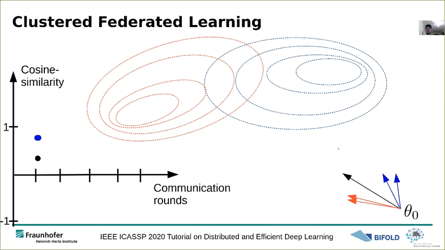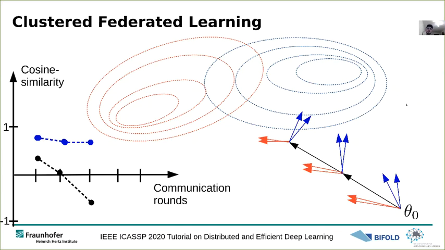Starting from this next point in the parameter space, the next updates are computed, and the next average is made. While this is going on, here on the left, we will plot the cosine similarity between updates from the blue cluster, and here in black between updates from the blue cluster and updates from the red cluster.